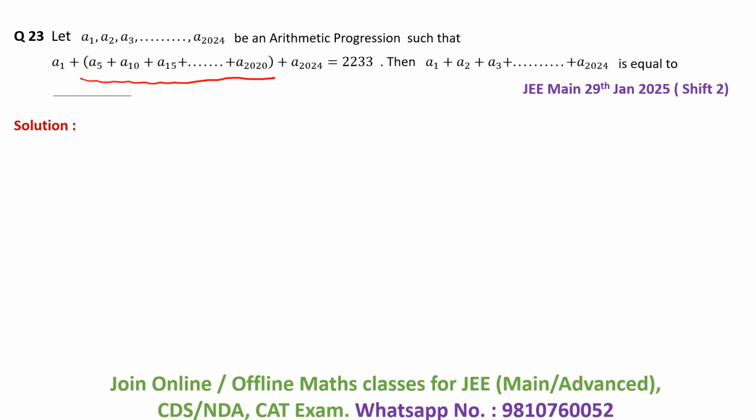Because they are 5, 10, 15 and so on up to 2020. So if I ask you to find the total number of terms present inside the bracket, the answer is very clear. It is 2020 divided by 5. So that means there are 404 terms present inside the bracket.